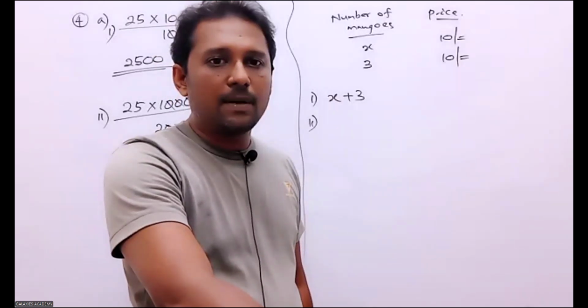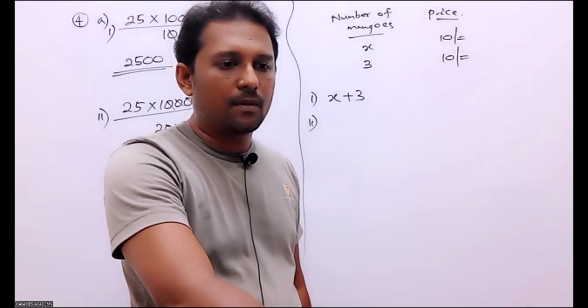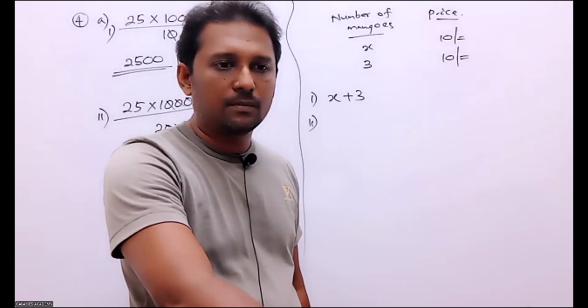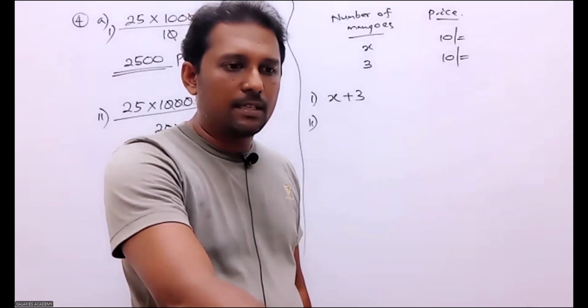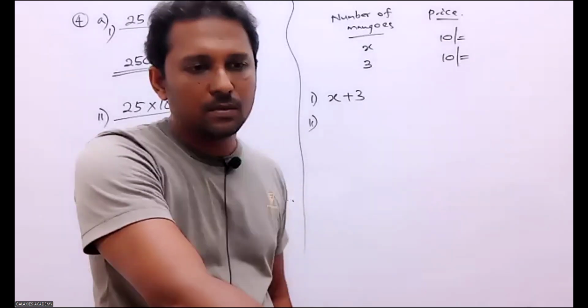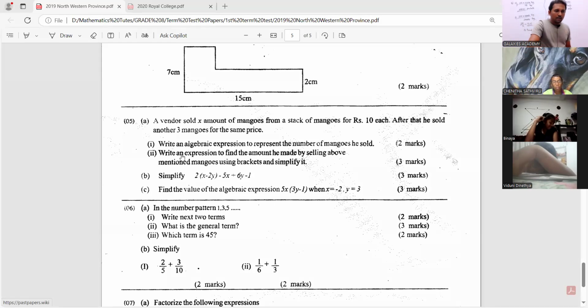Then the second part asks, write an expression to find the amount he made by selling the above mentioned mangoes using brackets and simplify it.